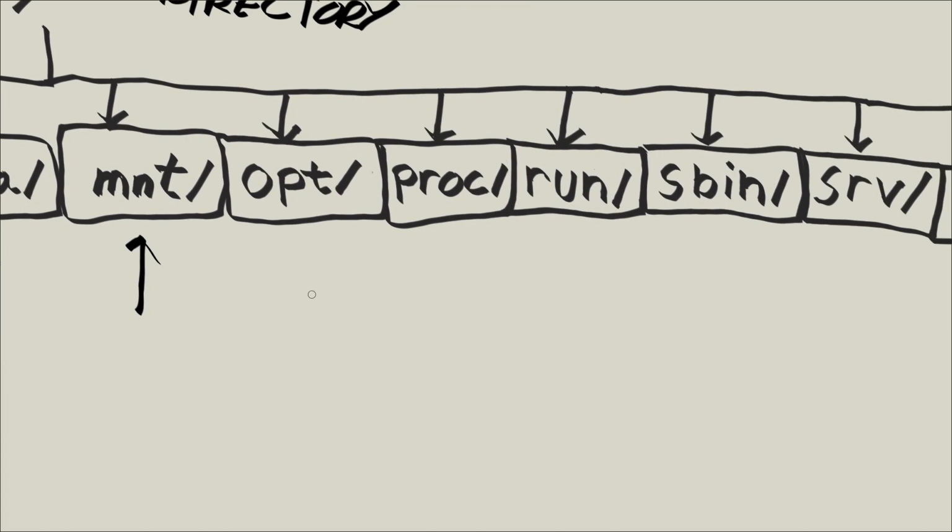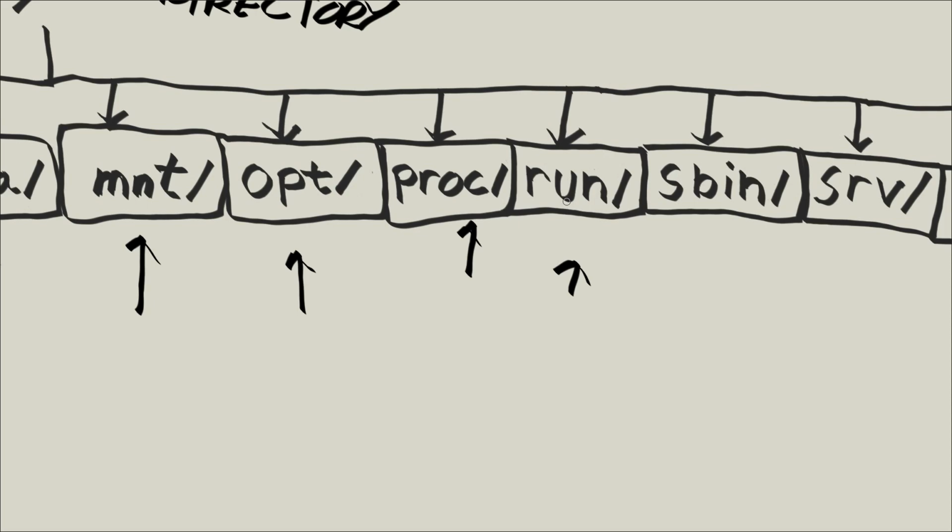Opt contains packages you might have paid extra money for in the early days of the Linux system. Proc contains operating system statistics. Run is a cross-distribution location for the storage of files that do not require preserving across reboots.